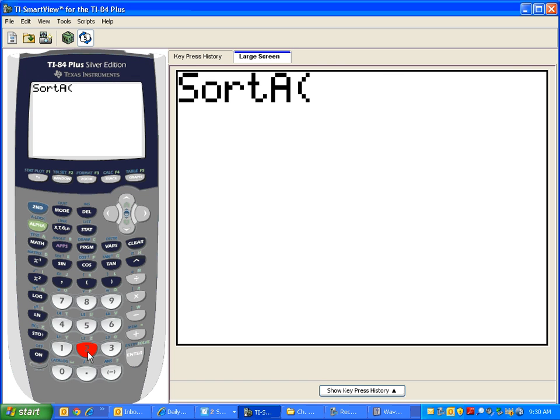I entered my data into L1. If you didn't enter it into L1, you need to pick whatever list you stored your data values under. I choose L1. You'll see it's blue and it's right above the 1 key. So I can press second and 1 and you see L1 appears in my parentheses. It's going to sort whatever you input into the set of parentheses there.